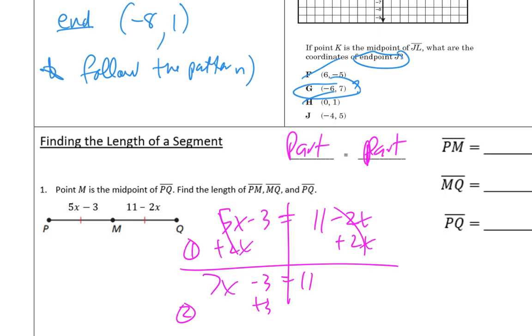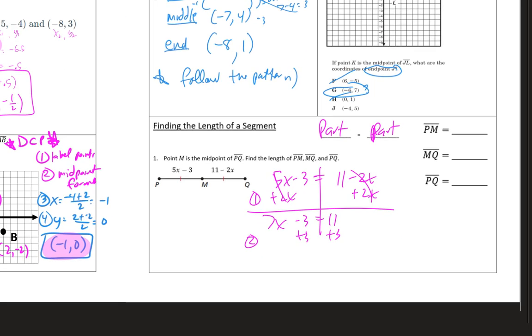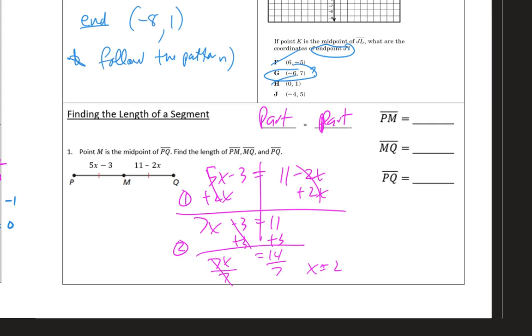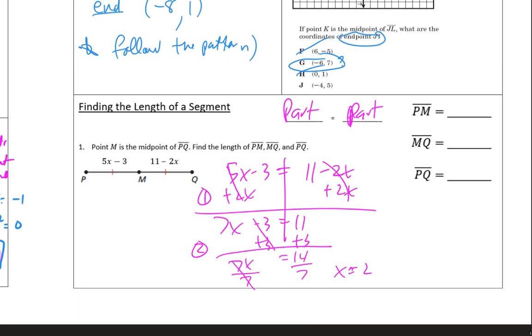For our second step, we're going to add 3. If we do that, then we have 7x, those cancel, equals 14, right? Last step, divide both sides by 7. So x equals 2.